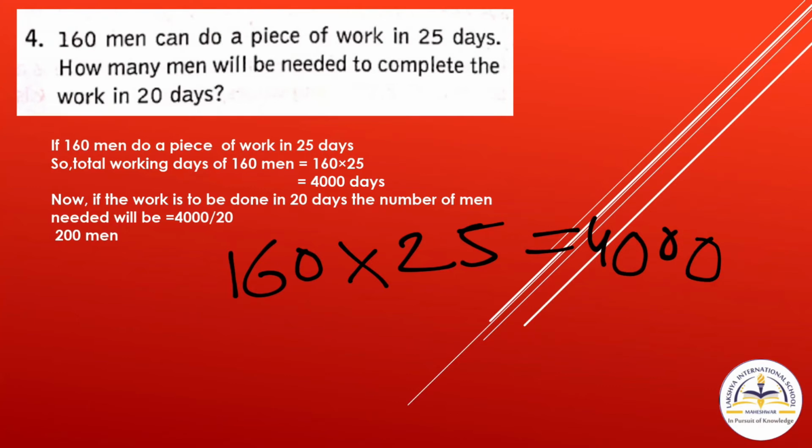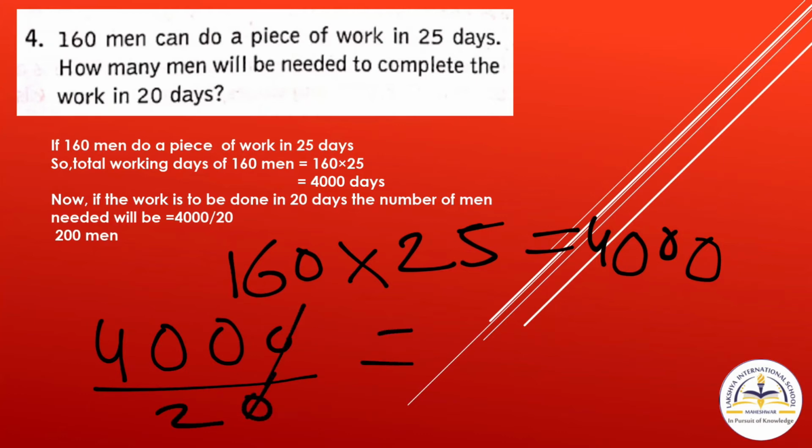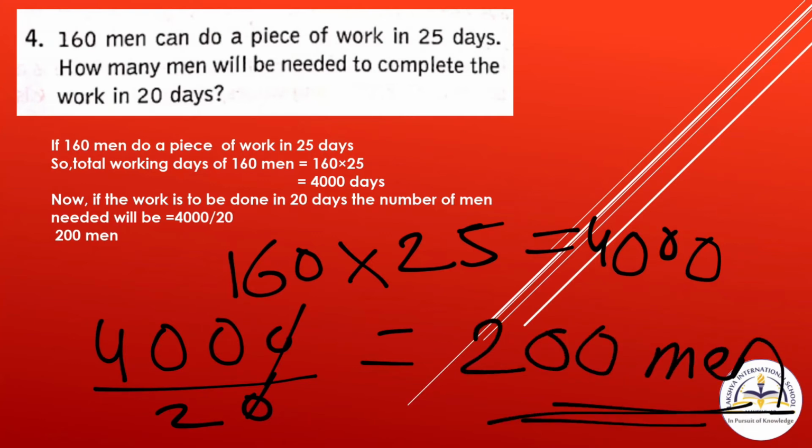Now we have to find how many men are needed to complete the work in 20 days. So we divide 4000 by 20: the 0s cancel out, 400 divided by 2 is 200. So we will require 200 men to complete the work in 20 days.